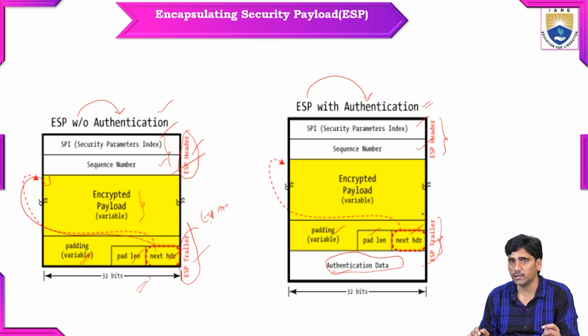The next header indicates the encrypted payload. And here authentication data is also there. So it contains the ESP header and ESP trailer with authentication data. This is also a 32-bit format.